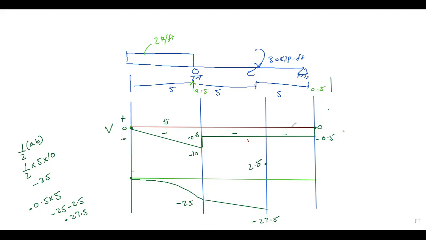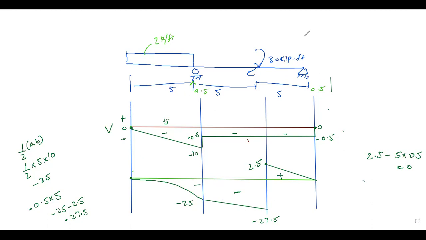Then you have to subtract this area, 2.5 minus 5 times 0.5. So it will be 0, and we can close it at this point. So this is our negative body and this is our positive. This is the shear force and bending moment diagram for problem number 3.